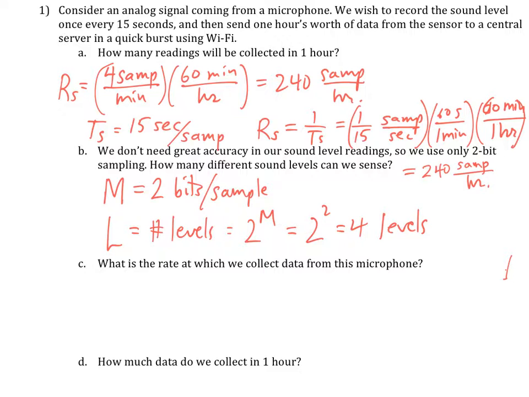So this is recording, say, zero sound, soft, medium, and loud, maybe, would be the 4 levels. Those are the 4 levels we can sense.